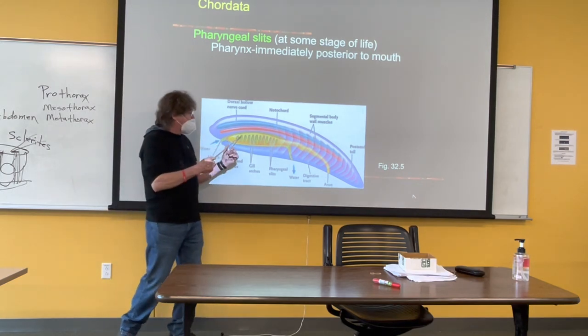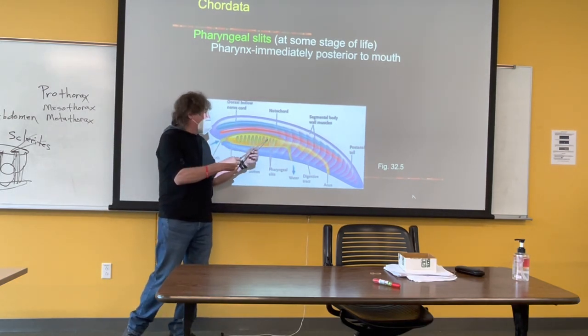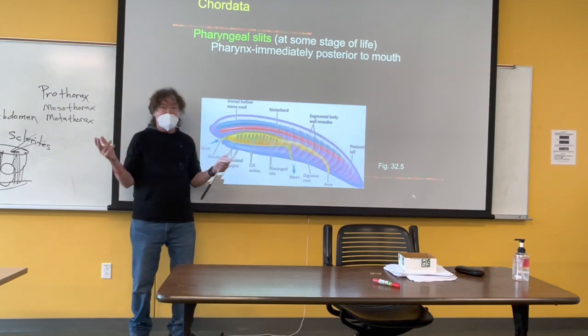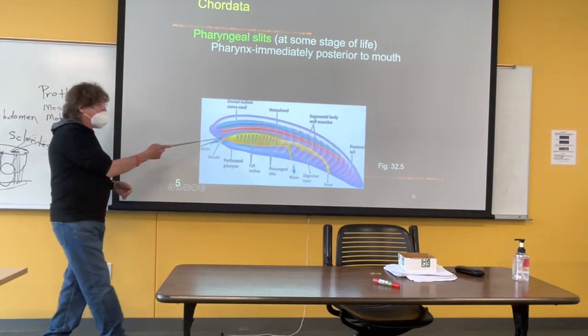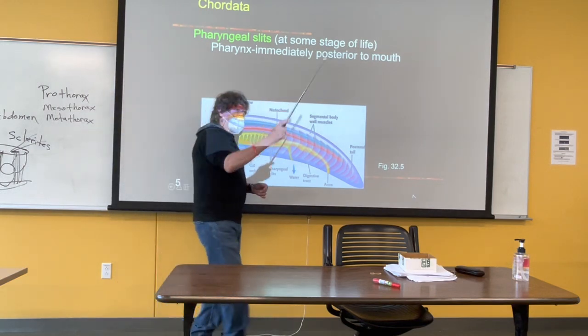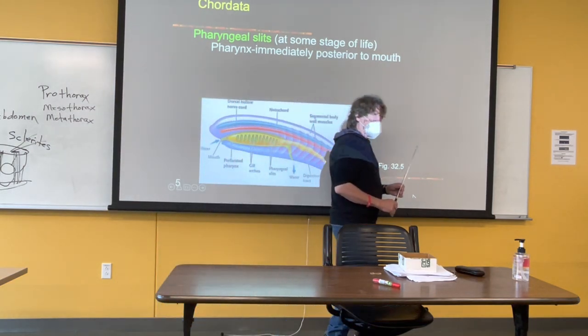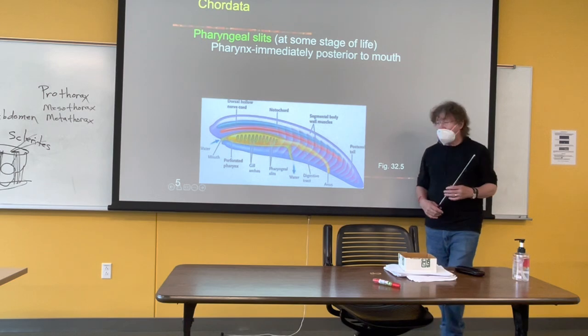The food that's collected on that mucus will continue on down into the rest of the digestive system where it gets digested. So that's a filter feeding device. Hemichordates have it too, and lower chordates have it as well.